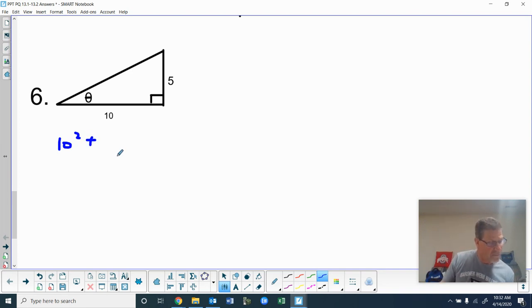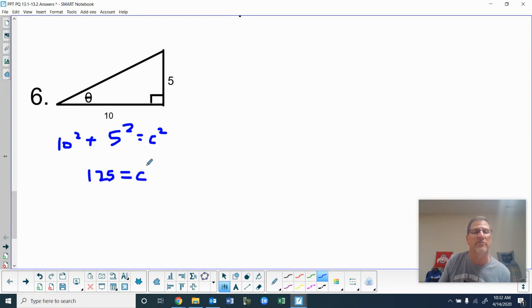I think in the problem it said a was 10, right? And the b they said was 5. Equals the c squared. So 100 plus 25 is 125. Remember, that's the c squared. So we have to take the square root of 125 to get c.